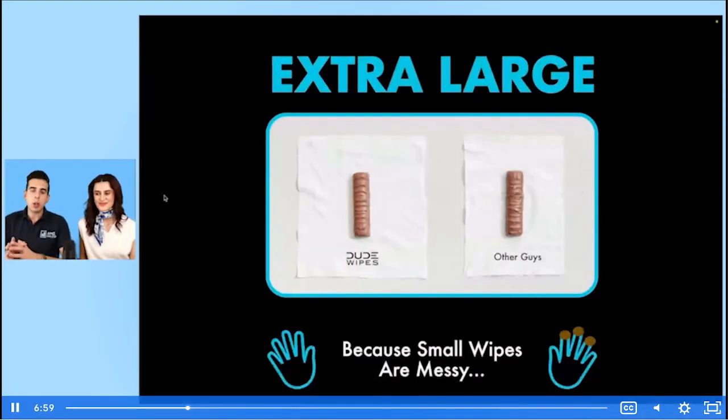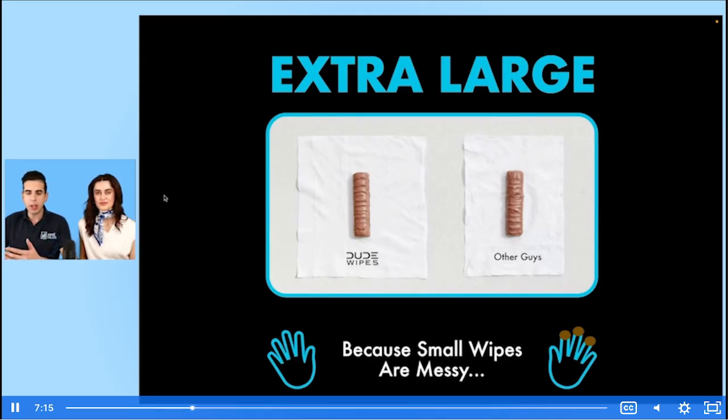The first one that we have open is a company called Dude Wipes, and they're pretty famous for their branding on Amazon, and they do a really good job in creating their infographics. Over here, you can see the feature is the wipes are extra large.